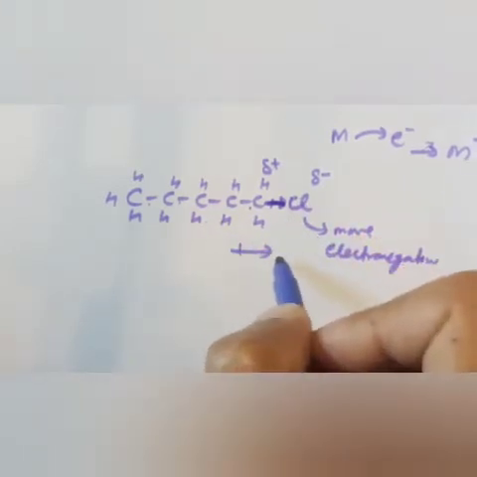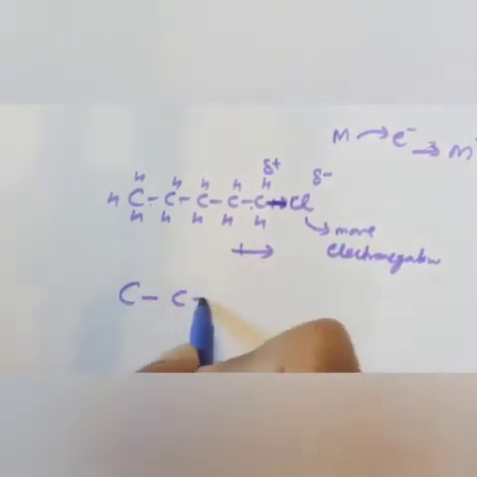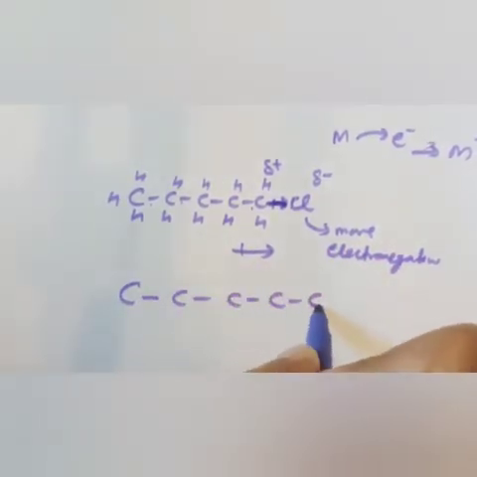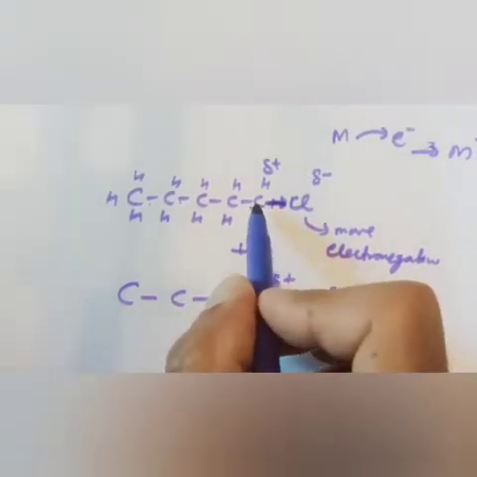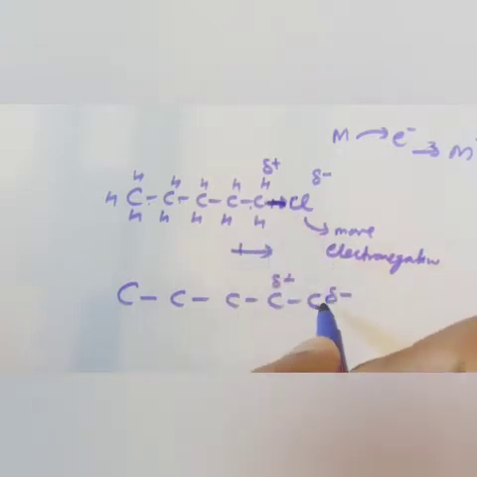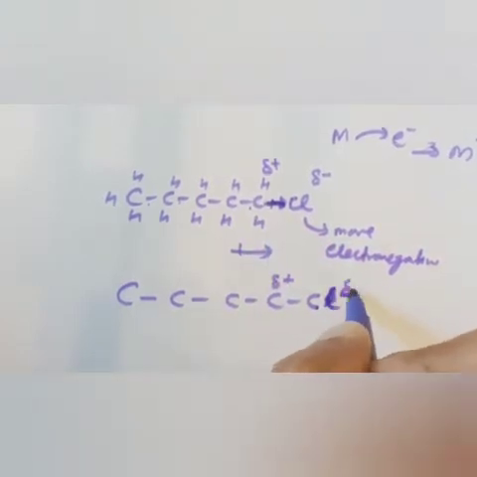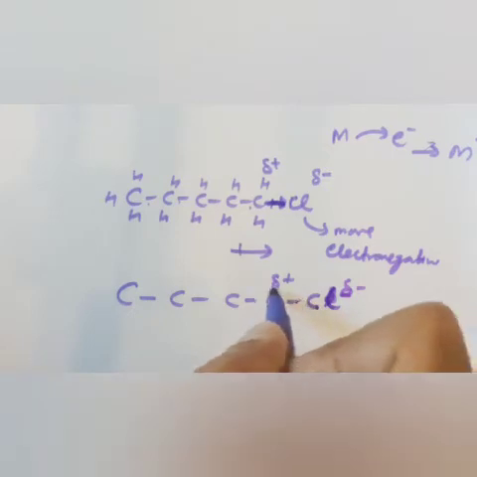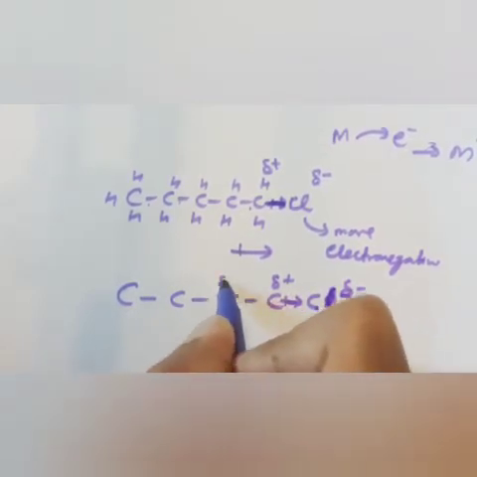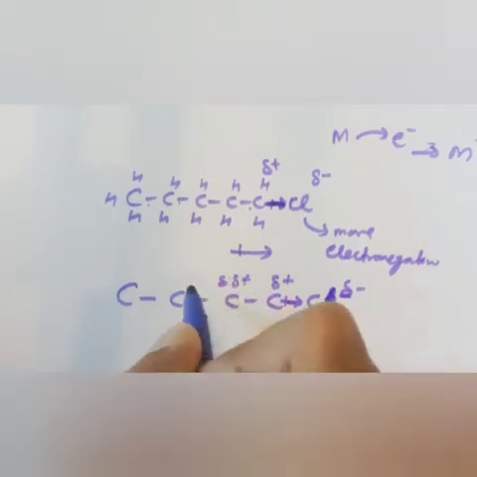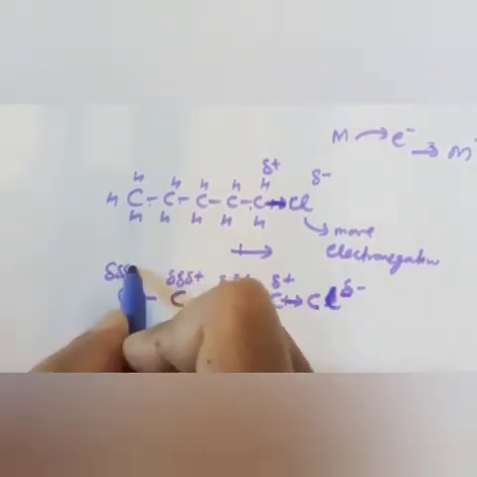Now for an example of the same: chlorine has total negative charge, this carbon has one positive because it loses maximum toward this side. This one then has 2 positive partial, this then 3 positive, this then 4 positive.